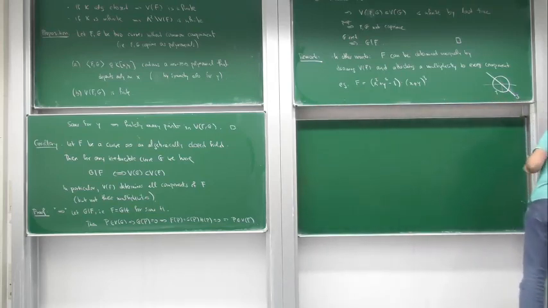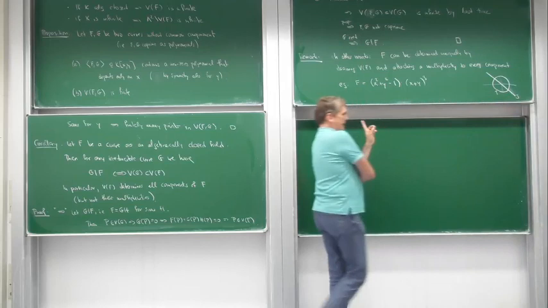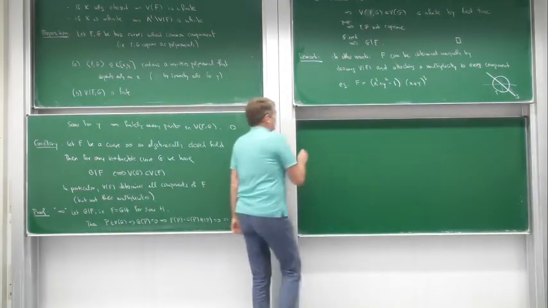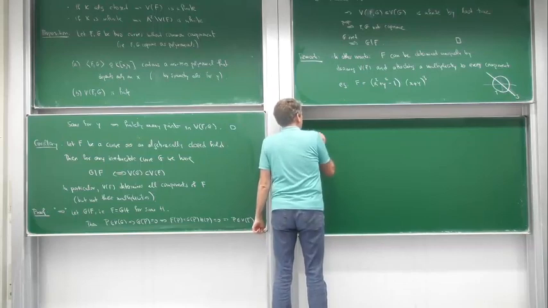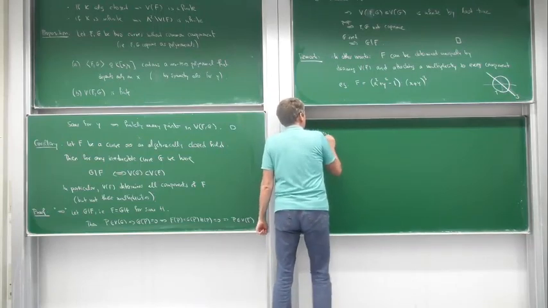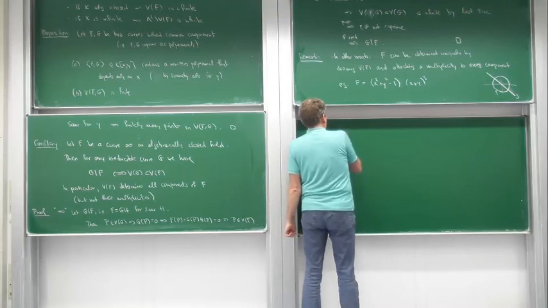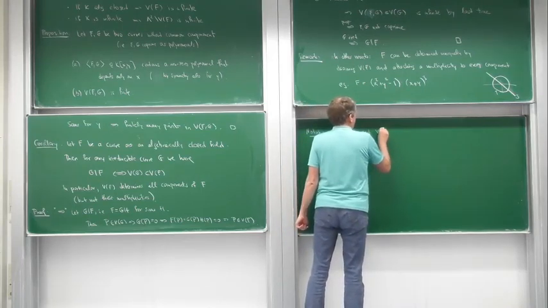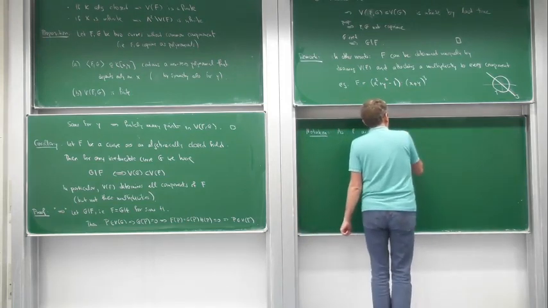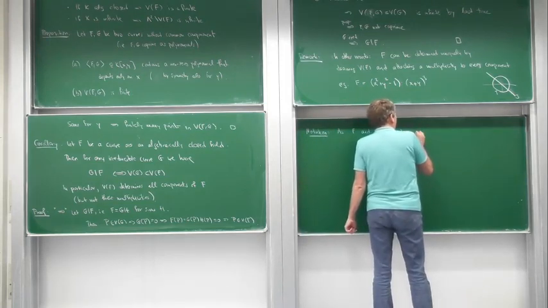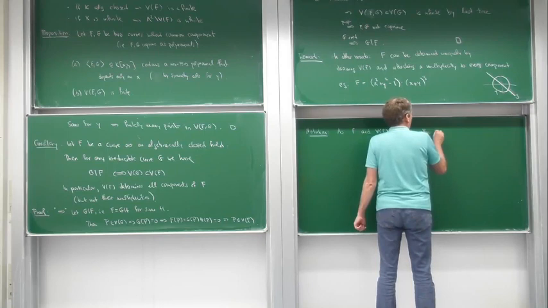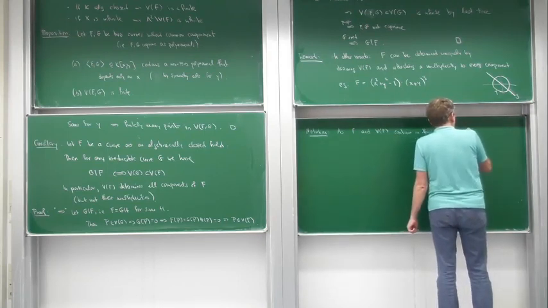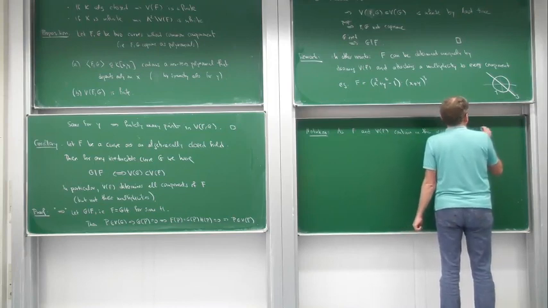But as f relates very closely to its zero locus, we will also abuse notation a bit. So f and V of f contain almost the same information, except for the multiplicity.